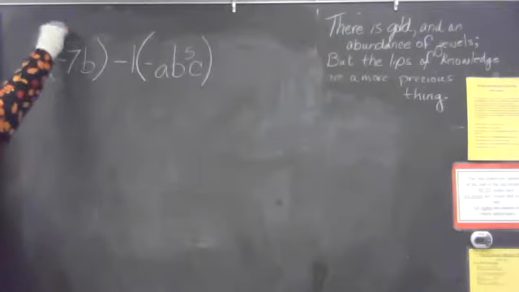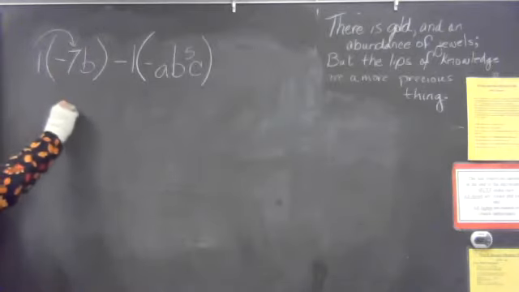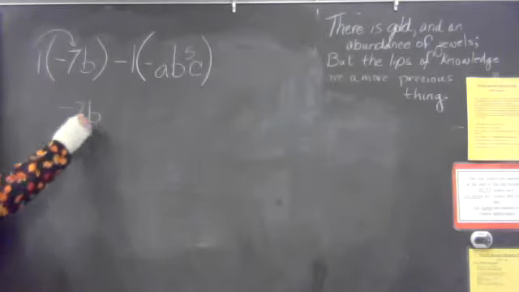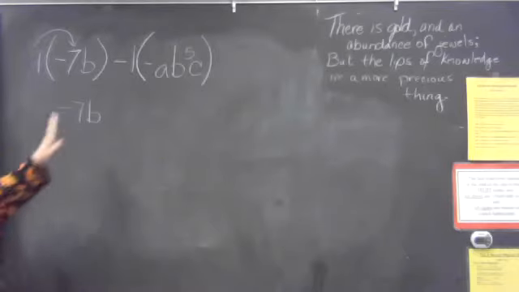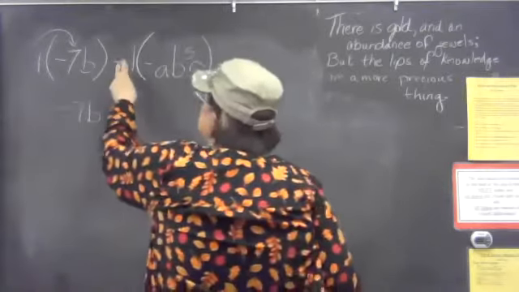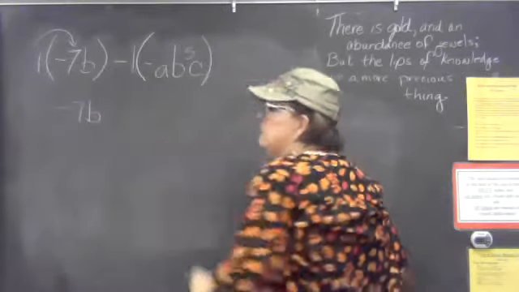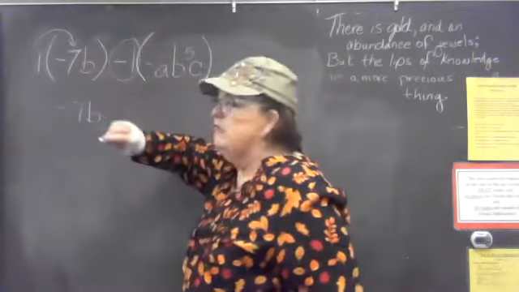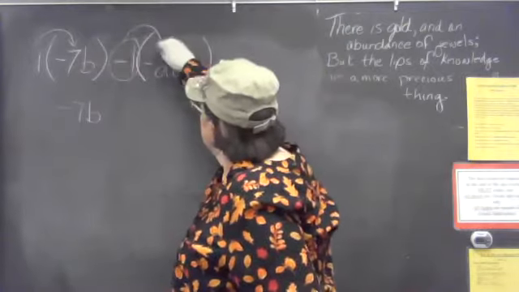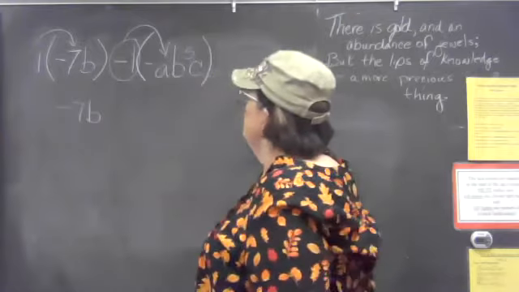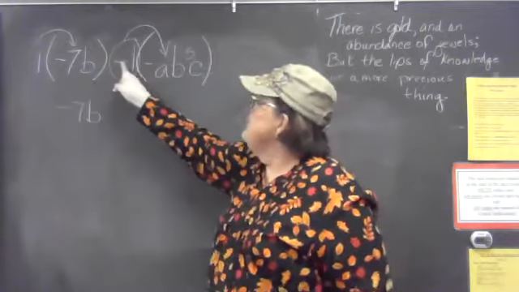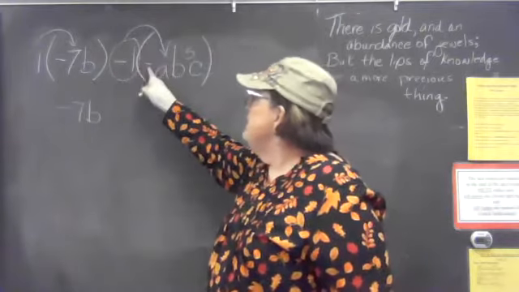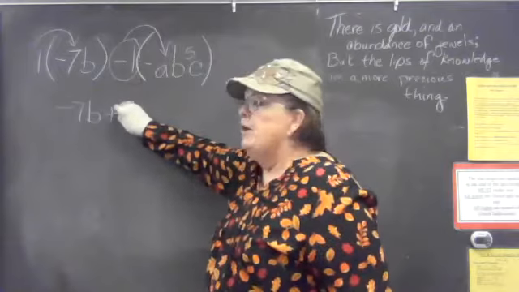So I take 1 times what's in here, and of course that's negative 7b. And then I come to this part, and I'm going to take a negative 1. This is where the subtract comes in. I'm going to take a negative 1 times everything in the parentheses. If this was a longer one, everything. So a negative times a negative will make this a positive.